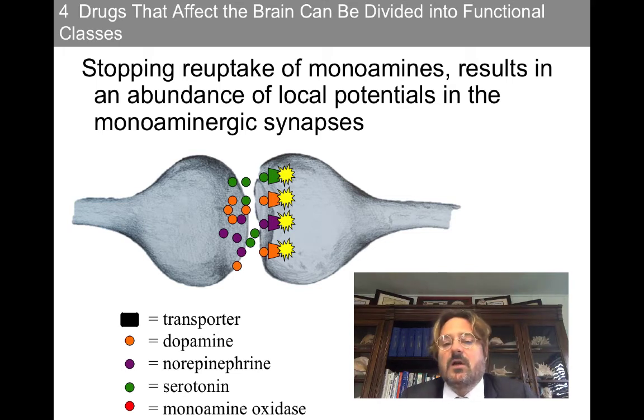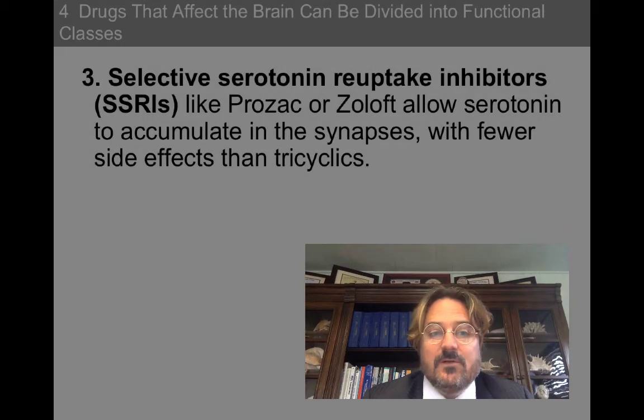Norepinephrine is another neurotransmitter that is involved in depression whenever it comes to the fight or flight response, whenever it comes to energy levels. Clearly, these are things that are going to be involved in depression. So here we can see there's an increased bioavailability of the dopamine, norepinephrine, and serotonin.